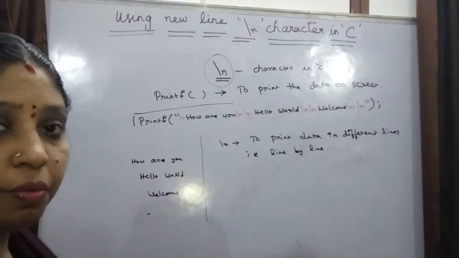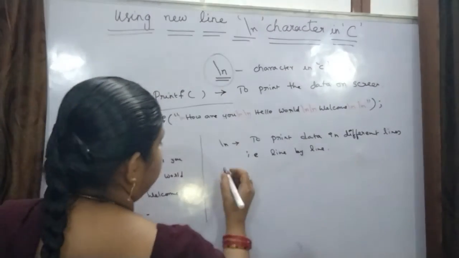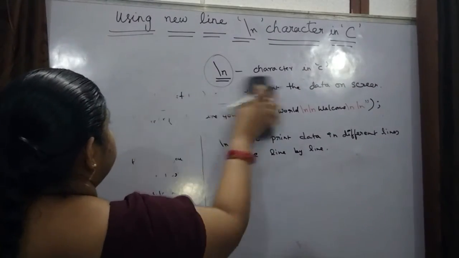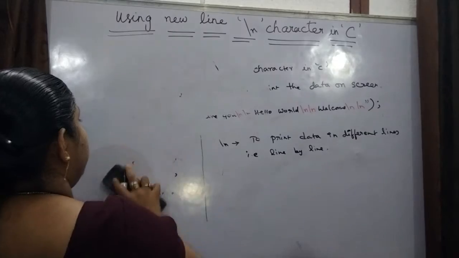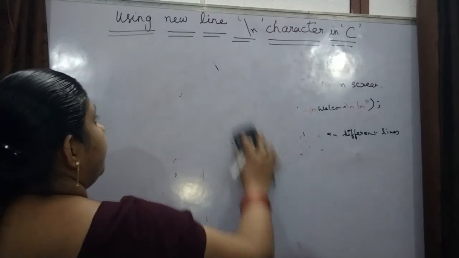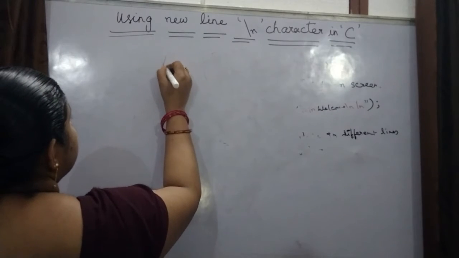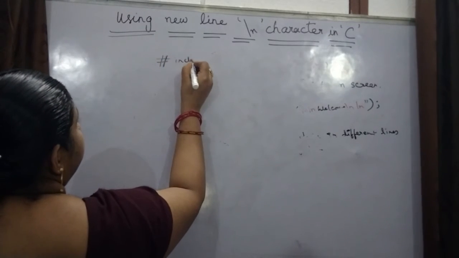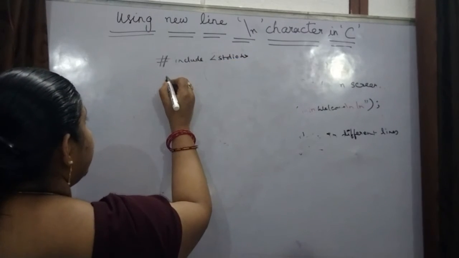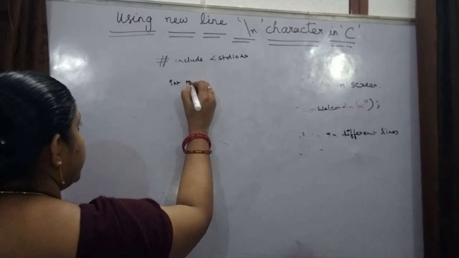So suppose you want to write this in the form of a program, I'll write it and show you. You can write a program like this: hash include stdio.h, and then I'm writing just a main function.